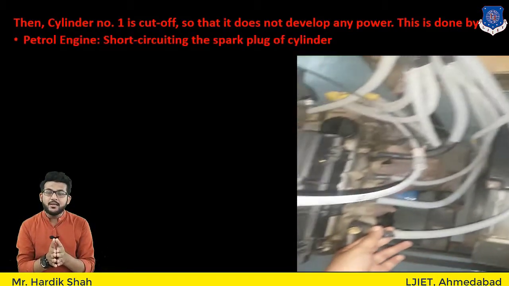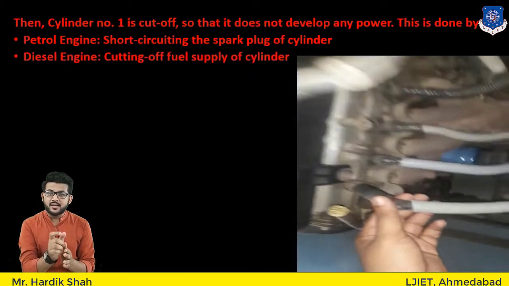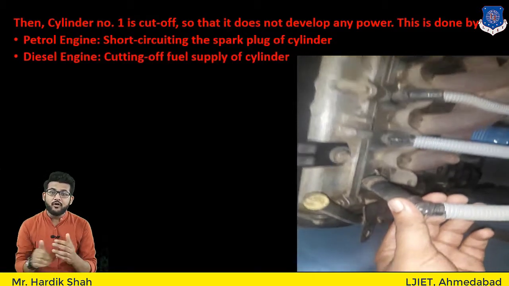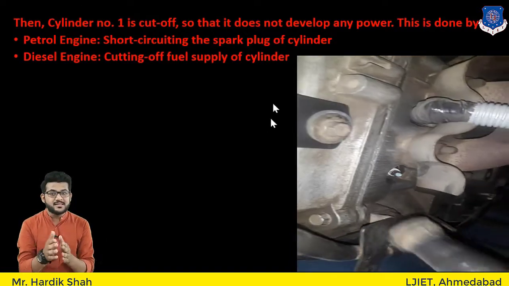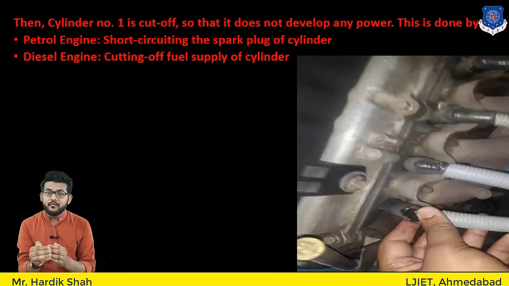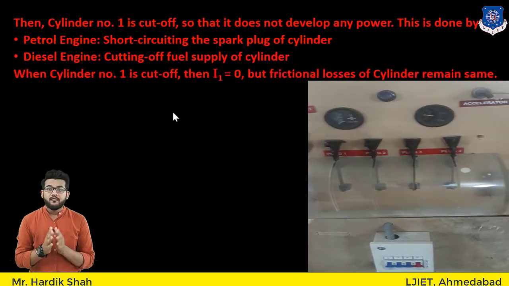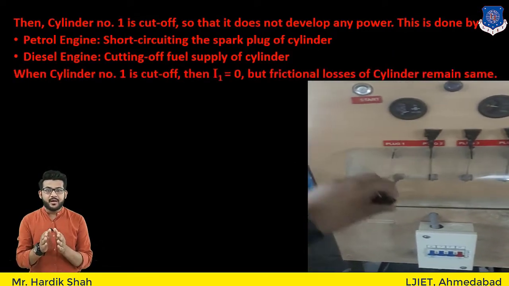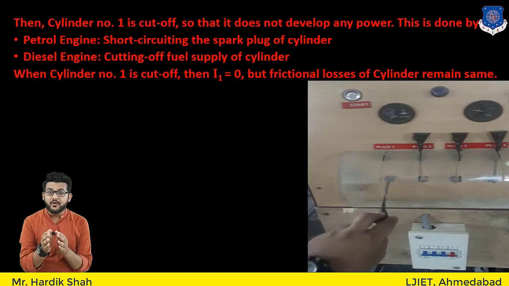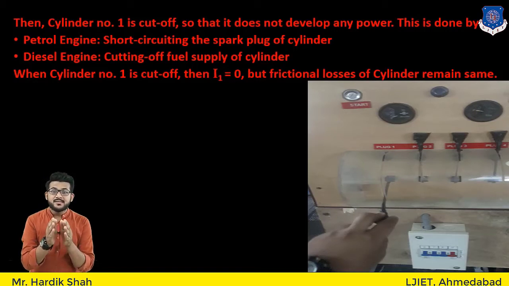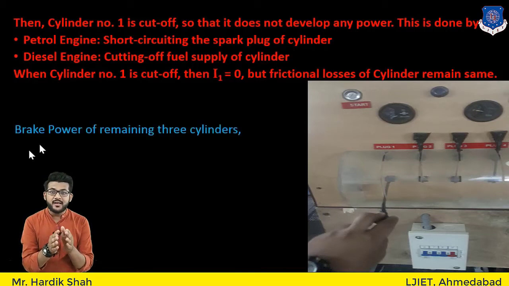For a petrol engine, short circuiting of the cylinder 1 spark plug will be done, and for a diesel engine we will cut off the fuel supply to the cylinder. By doing that, we cut off cylinder number 1. When cylinder 1 is cut off, I1, its indicated power, is equal to 0, but the friction loss of the cylinder remains the same.